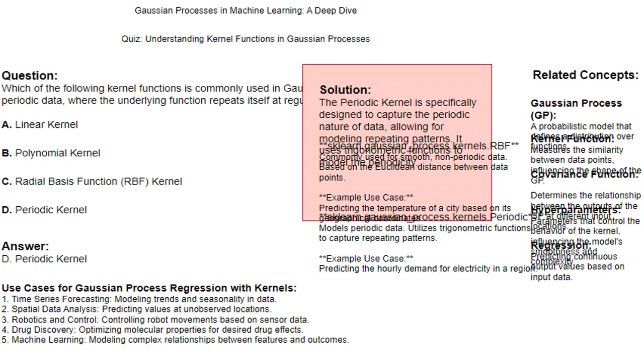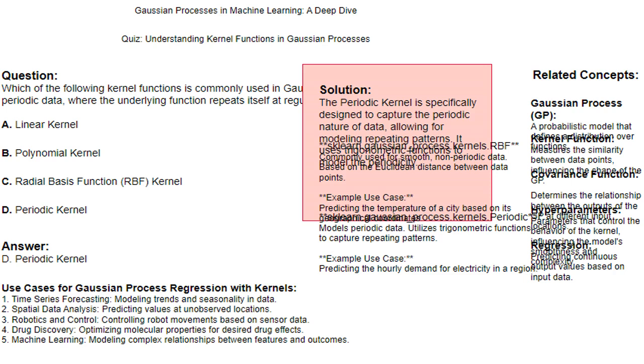Regression: predicting continuous output values based on input data.